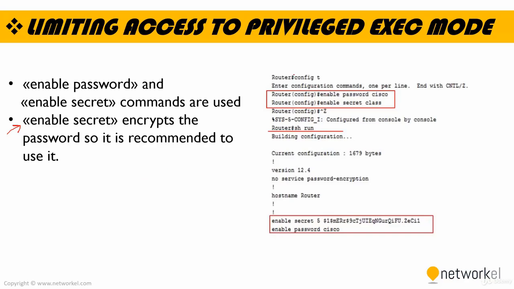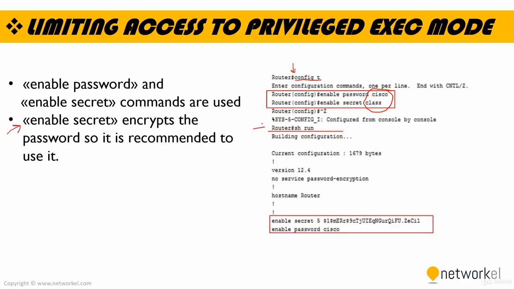For example, I'm in the privileged exec mode, as you see in the picture, and I'm going into the config mode because I'm going to set an enable password. When I get into the config mode, I'm typing enable password cisco, and I type enable secret class. As you can see, I set two different passwords to limit the access to the privileged exec mode.